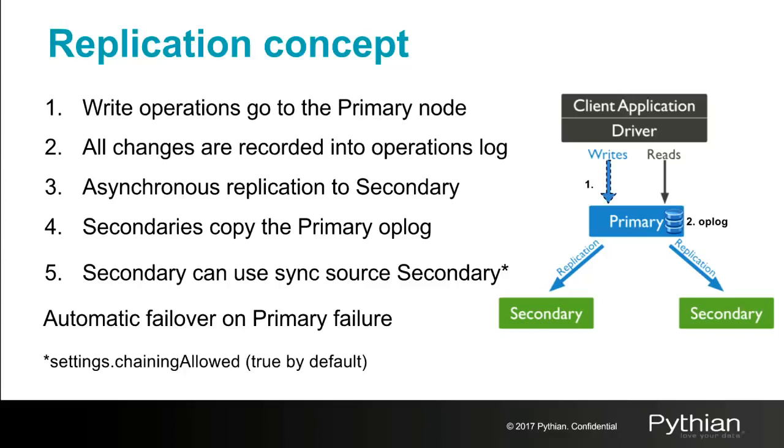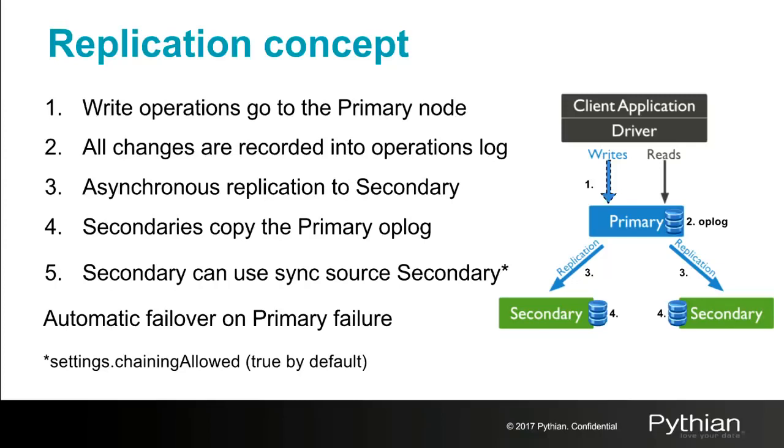And once the changes are recorded into the operations log, then asynchronously all of the entries in the operations log are replicated to the secondary nodes in the replica set.